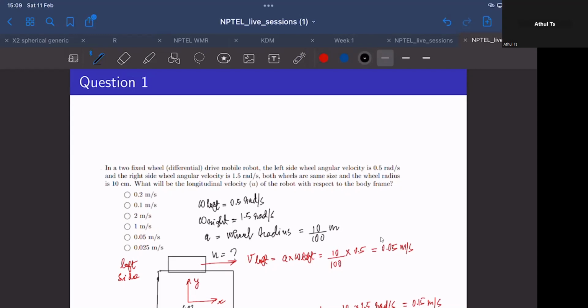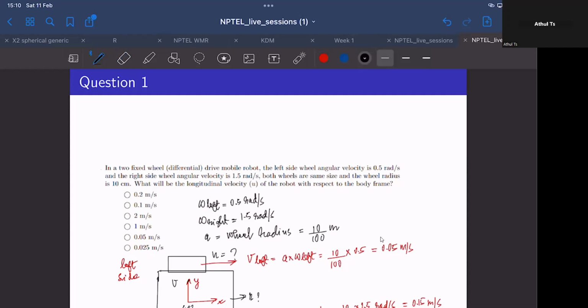If a body fixed frame is fixed at its most convenient location, for instance its center of gravity or centroid, the velocity at which the robot moves along its local x-axis is its longitudinal velocity, and the velocity at which it would travel along its transverse direction is its transverse velocity. Those are denoted by u, v and r.